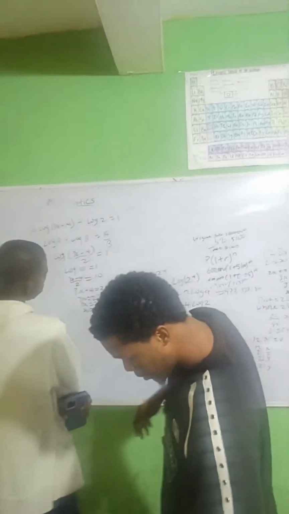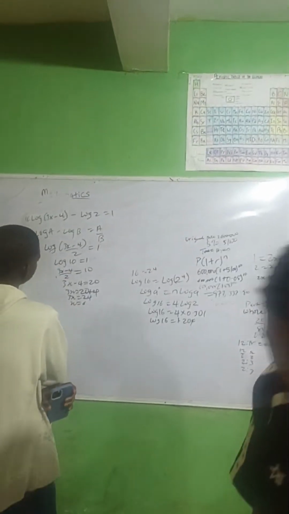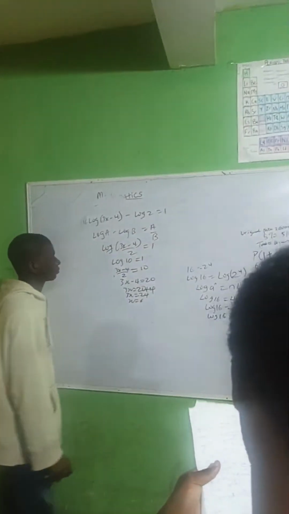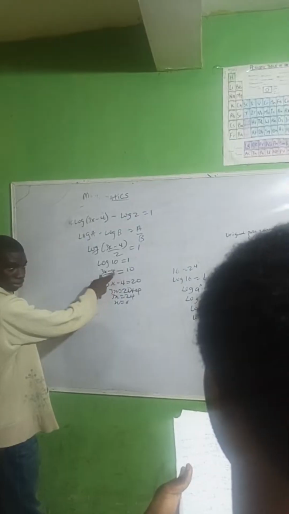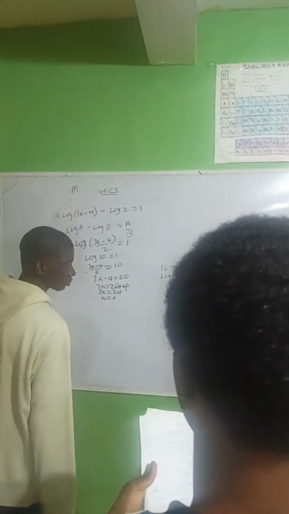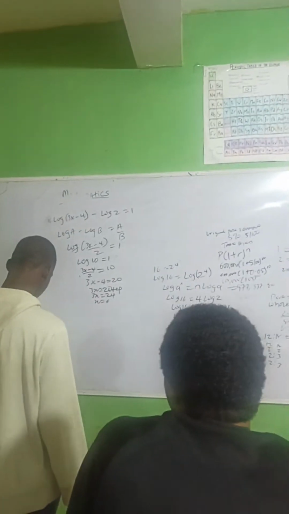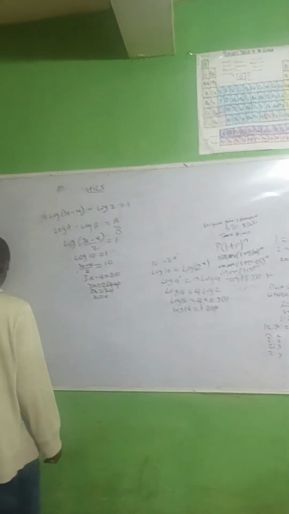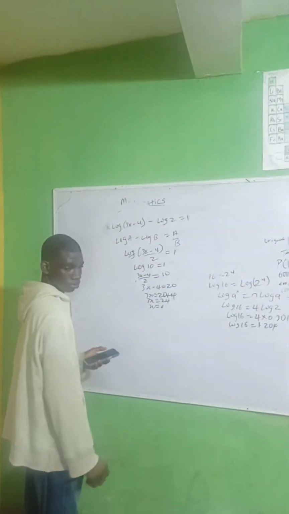Okay, now we use 10 as... I cross multiplied. Okay, this is 10, perfect.